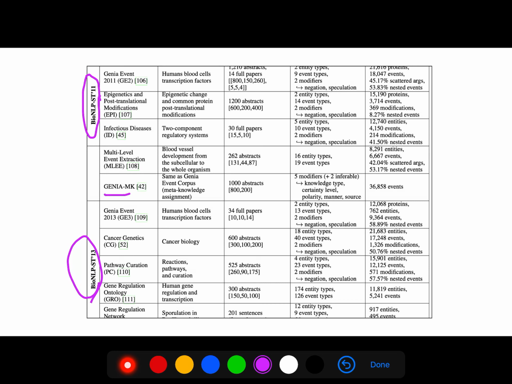For example, GENIA MK, which is the same as GENIA, and for example, Cancer Genetics, which is about cancer biology and covers 600 abstracts, with 18 entity types and 40 event types. For example, if you go to GRO, it has 174 entity types.